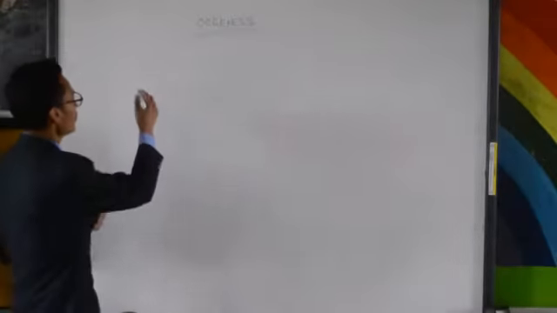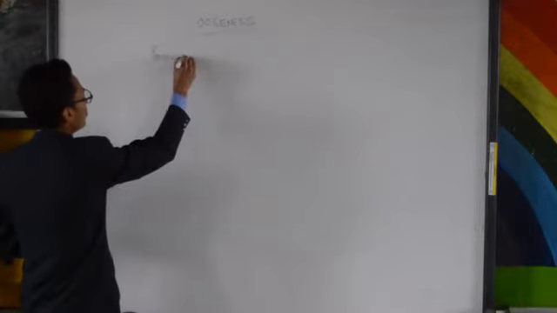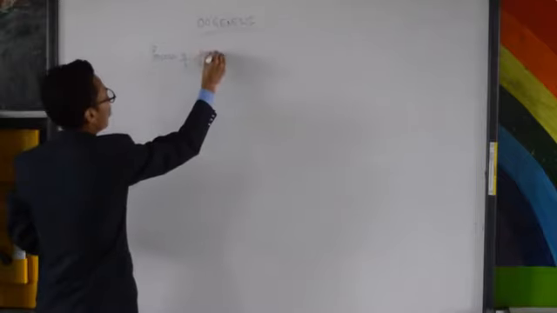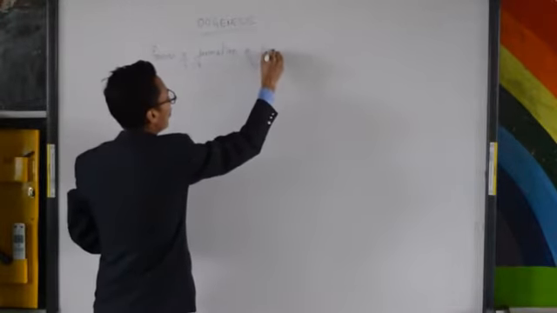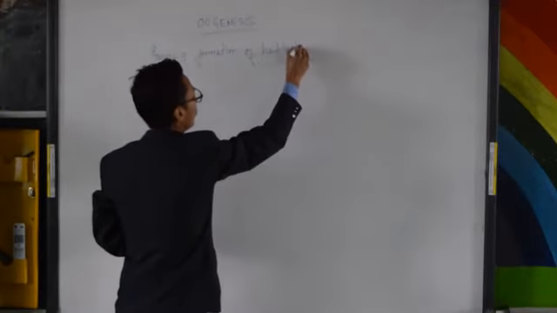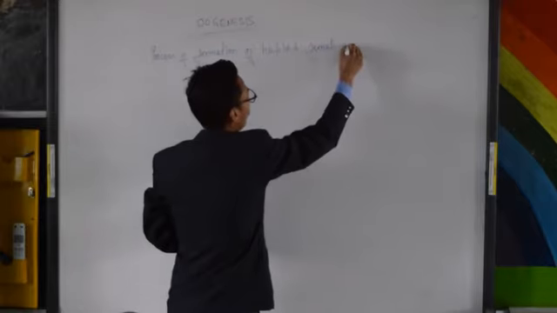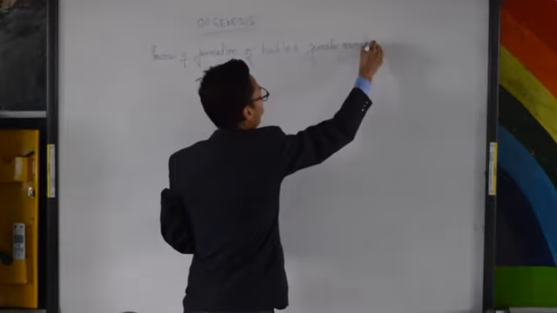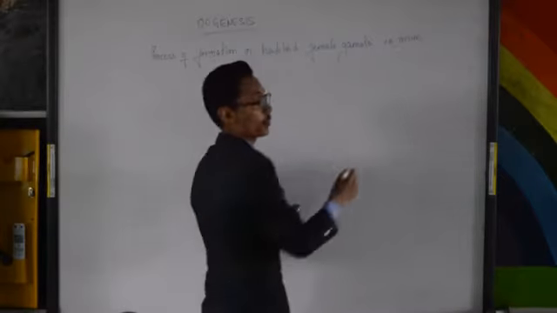So oogenesis is the process of formation of haploid female gamete, that is ovum. Right?